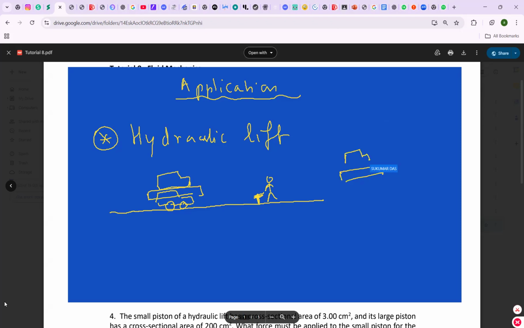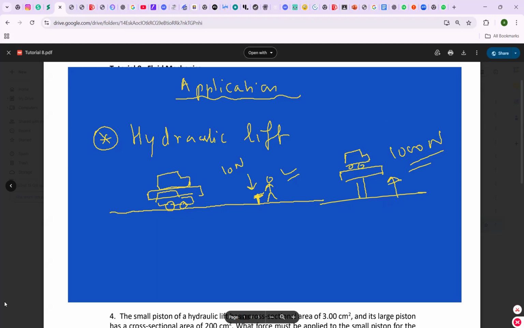Actually they use Pascal's law. This boy who has just pressed it may have applied 10 Newton with his hand, and due to his 10 Newton, he is able to raise a 10,000 Newton car to a certain height. How is it possible?